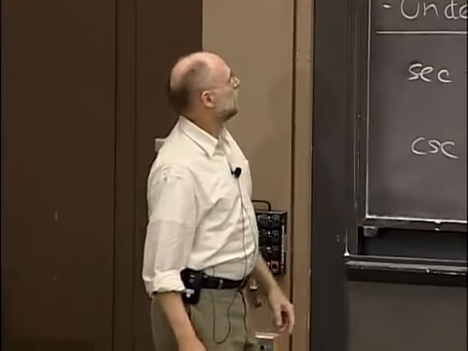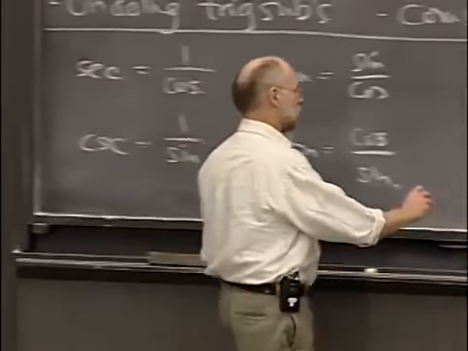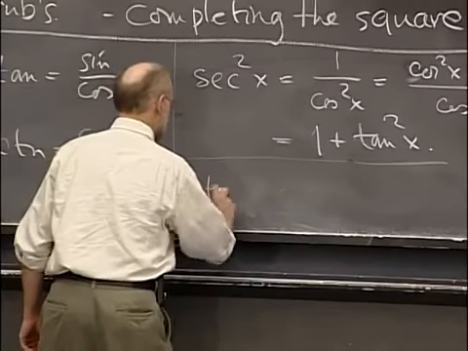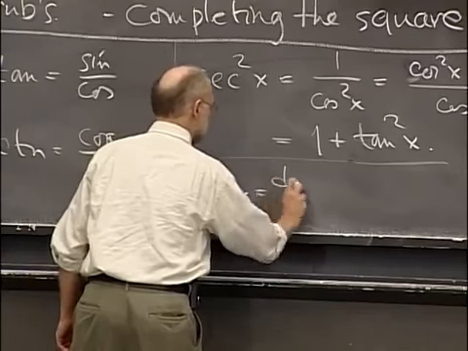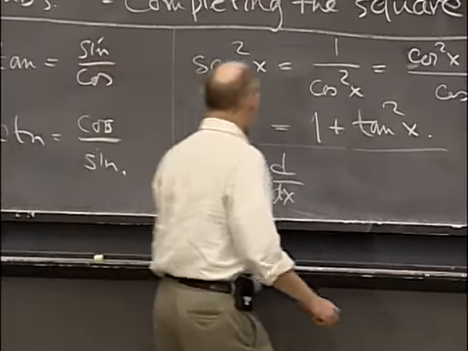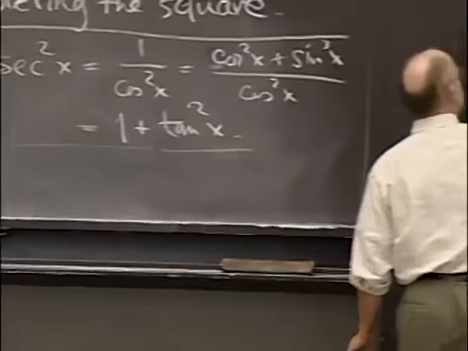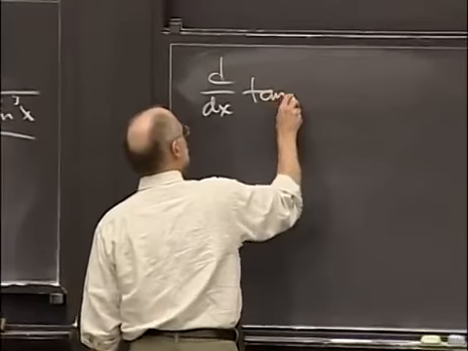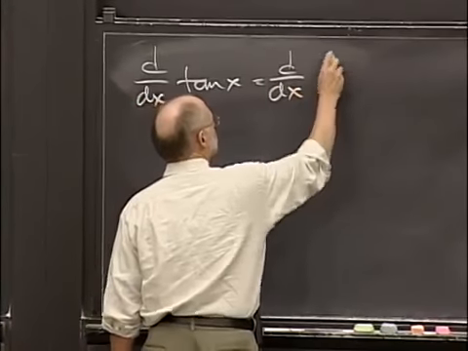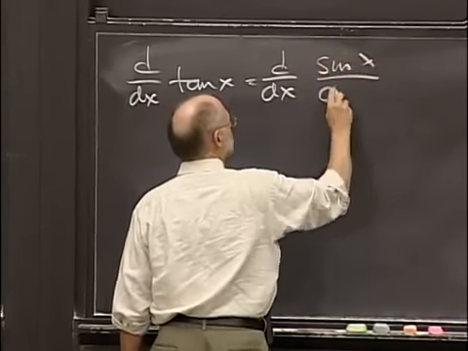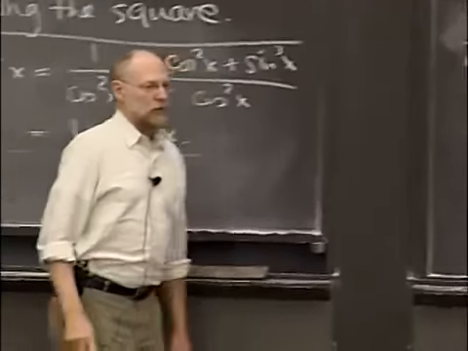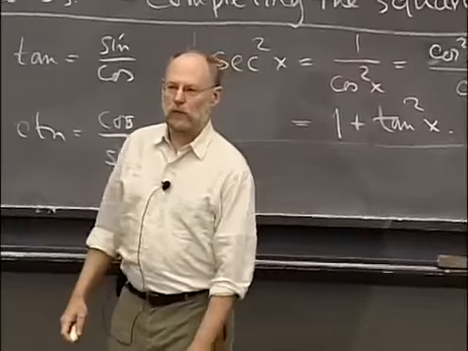How about this piece of calculus? Can we calculate the derivative of the tangent of x? Actually, I'm going to do that on this board. Well, the tangent of x is sine x divided by cosine x. So I think I was with you when we learned about the quotient rule.